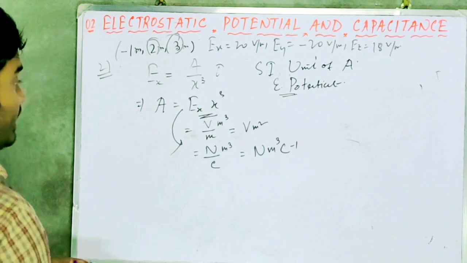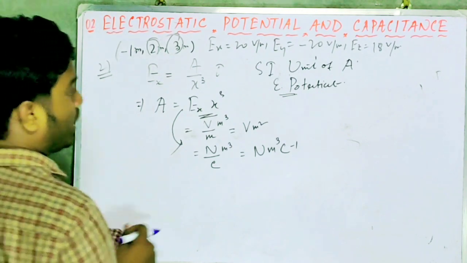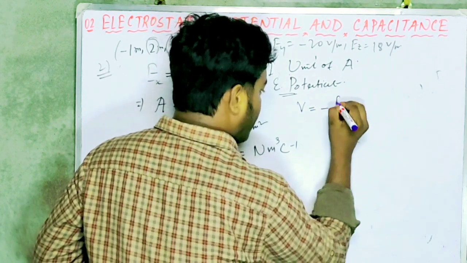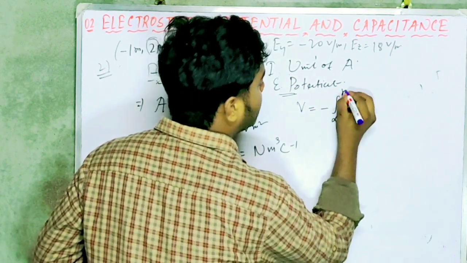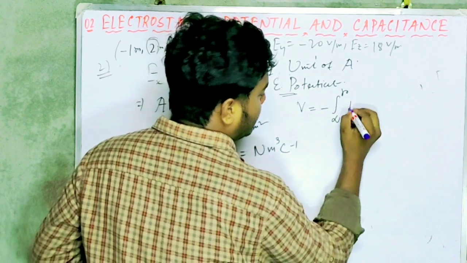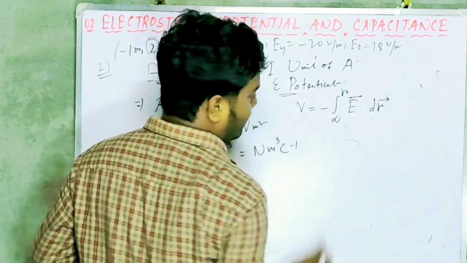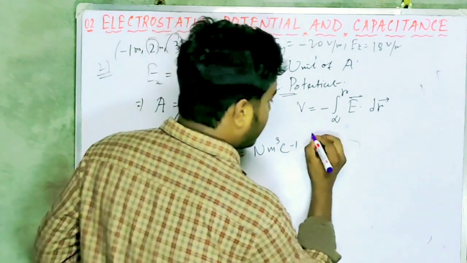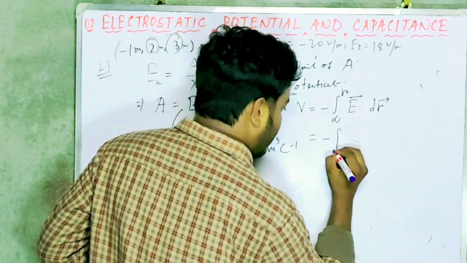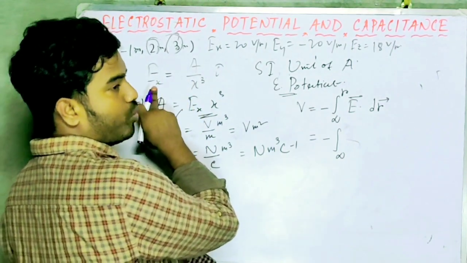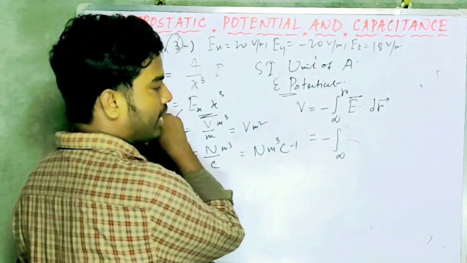Then the second part, you have to calculate the electric potential, and you know the formula for it. Here the x component of the electric field is given, so the formula is electric potential V is equal to minus integral from infinity to R of E vector dot dr vector. But here only the x component is given, the y and z components are missing.